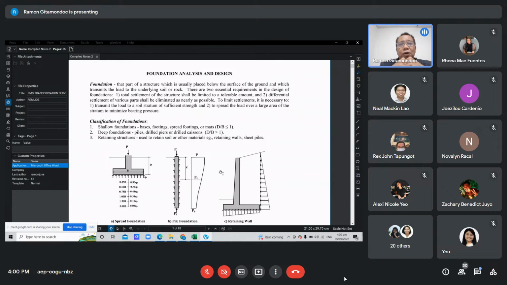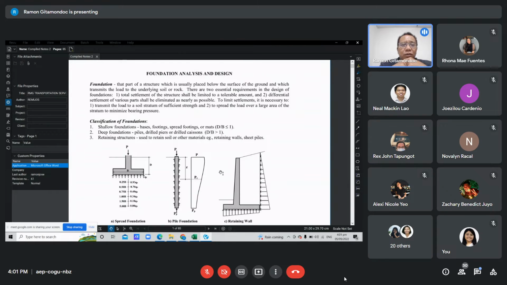So pwedeng palitan na kay differential layer, at 1.5 meter depth, 100 kPa ang bearing capacity, ang at 2 meter depth mosaka siya to 200 kPa. So mas maayo nga atong footing we place it at 2 meter depth, no?